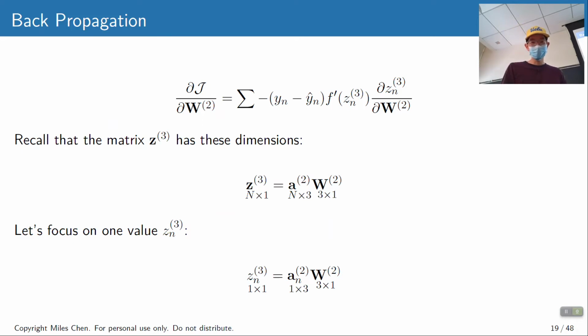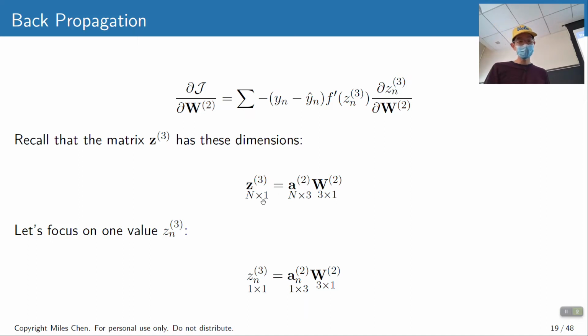Okay, and so how does this z3n change with respect to W2? During the forward propagation, we said you take the second activation values, the activated values at the hidden layer, and they get multiplied by the second weight matrix.